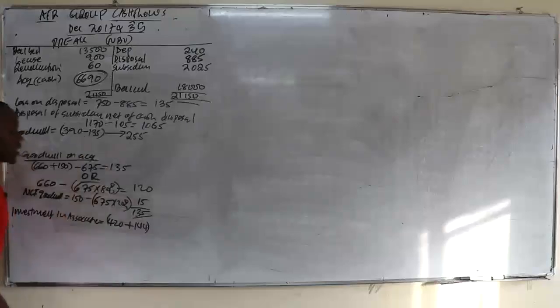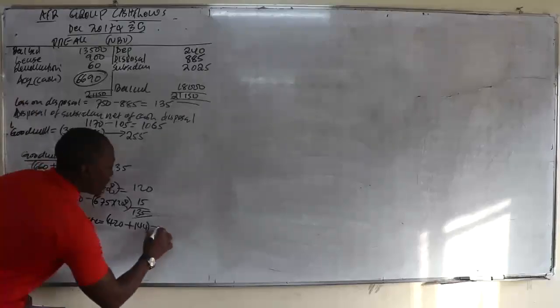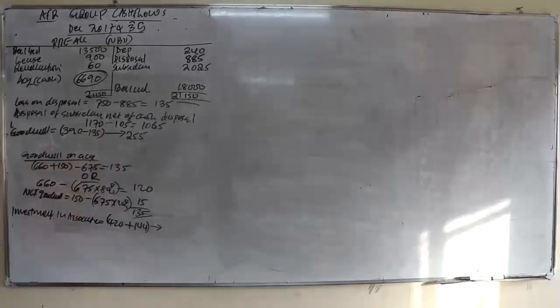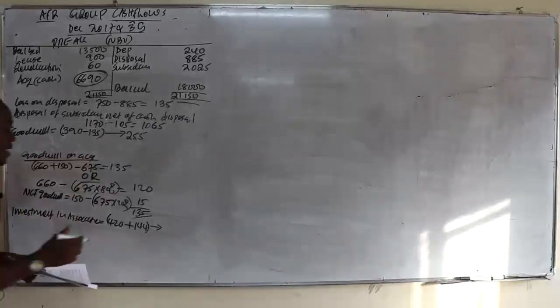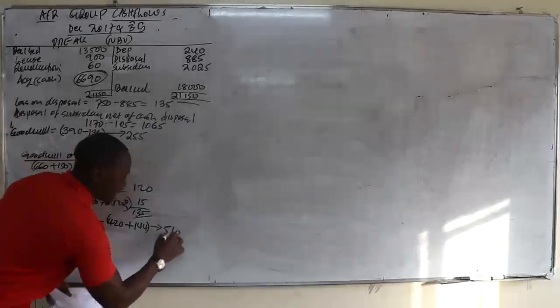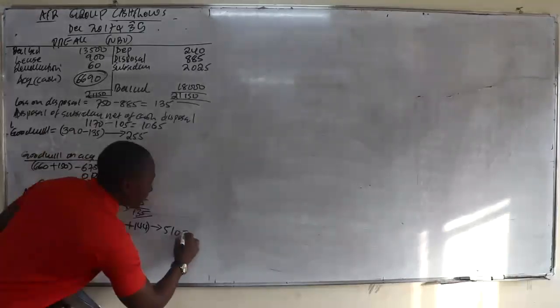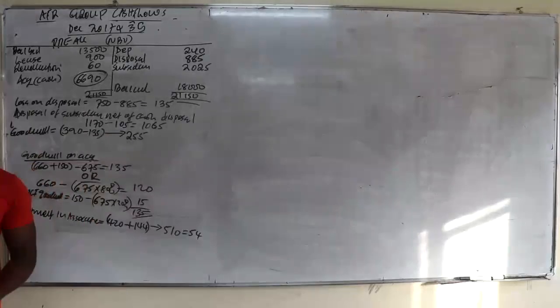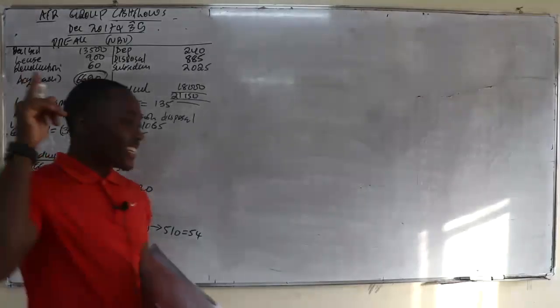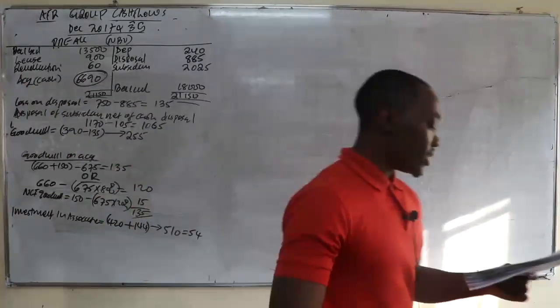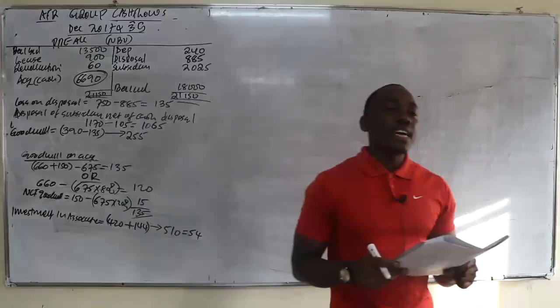So what do you get? 420, you add 144? 564. Then you compare that against the investment in associate balance carried down, which is 510. It decreases by how much? 54. What is that 54? Dividend received. Good.